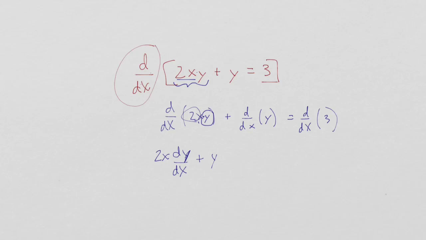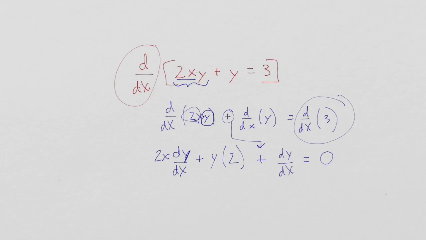The derivative of 2x with respect to x is equal to 2. So that part's good. And here's this addition, and now we need to add the derivative of y with respect to x, which is simply dy over dx. And this will all equal the derivative of 3. The derivative of the constant with respect to x will always be 0.